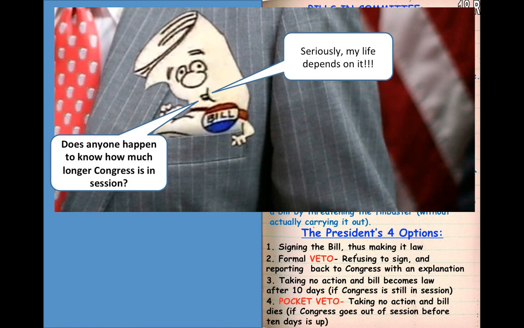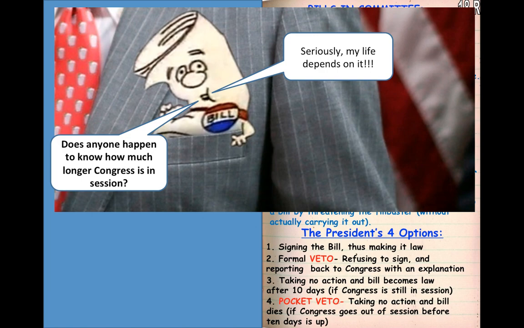Then we have a pocket veto, and a pocket veto is if Congress does not stay in session, if it goes out of session and Donald Trump does nothing with it, then the bill dies. Because, going back to that override veto, let's say Donald Trump formally vetoes a pro-choice bill.